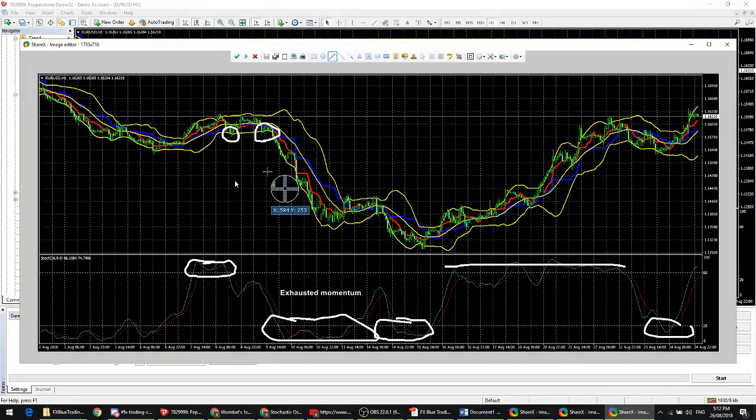So what have we found here? That when stochastic has gone above 80 and is starting to fall, and Bollinger Bands get broken to the downside, we take a short. So let's write that down. I'll write it down up here.